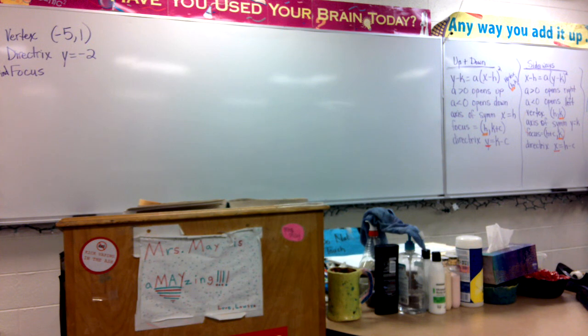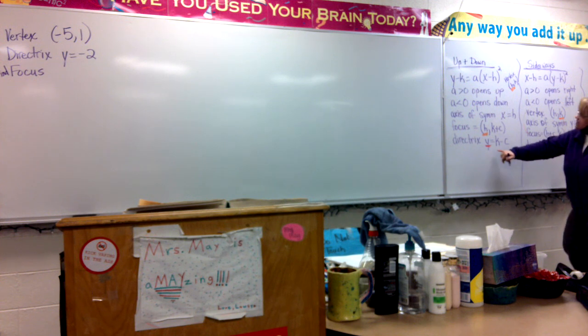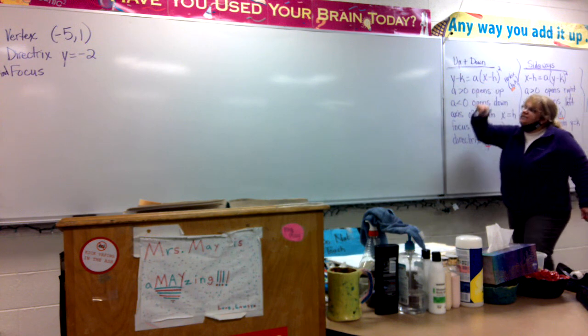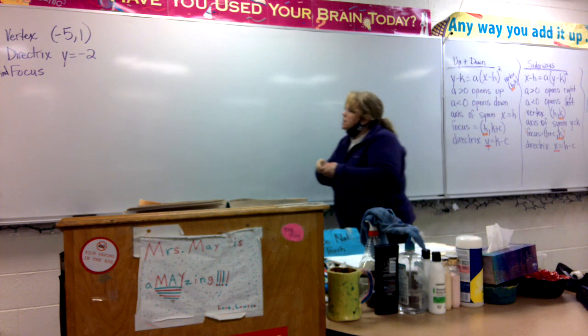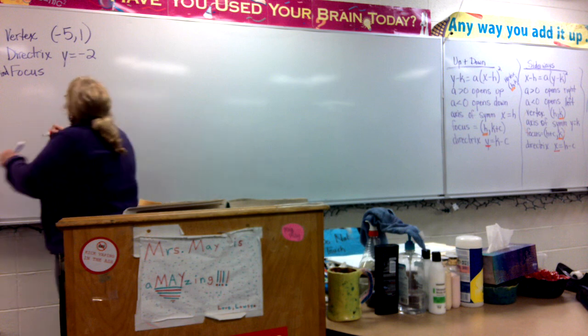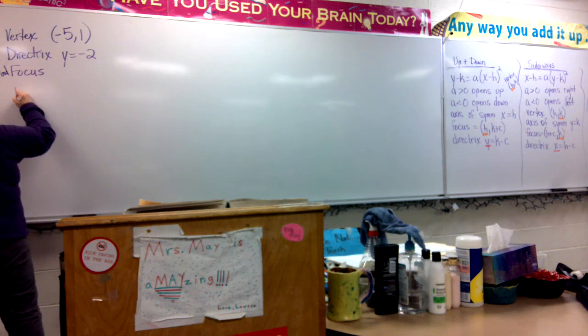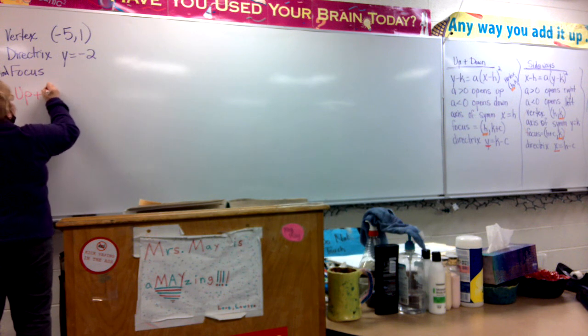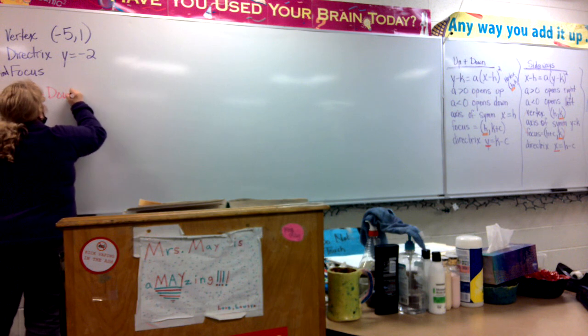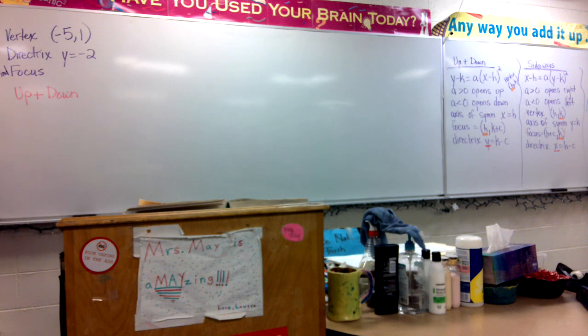So all you have to do is look and see, is your directrix a y equals or an x equals? It's a y equals. So what does that tell you? It's an up and down. Because the directrix is a y equals, we know that this one is up and down.